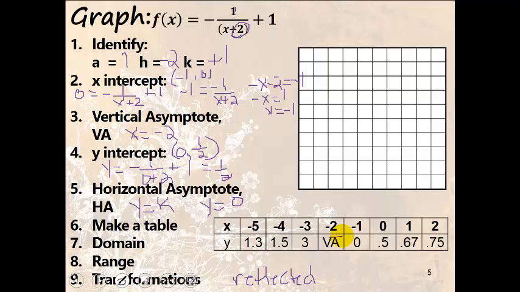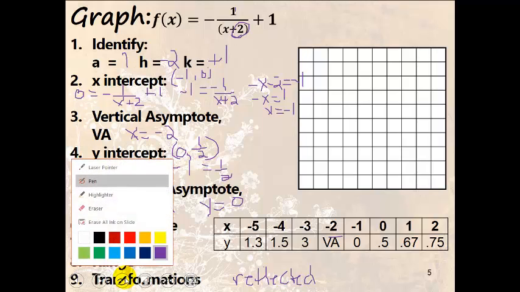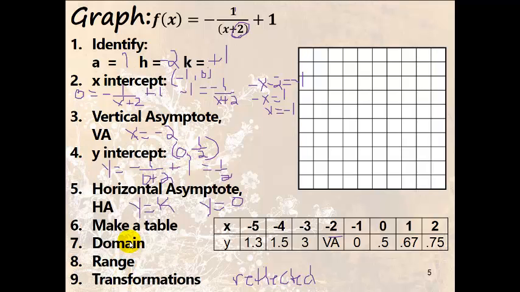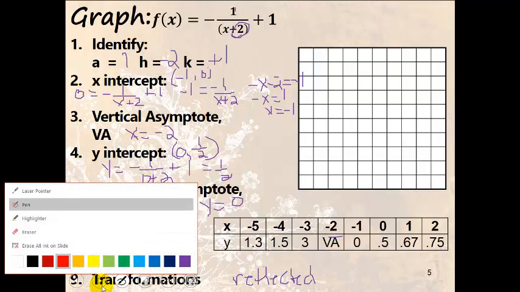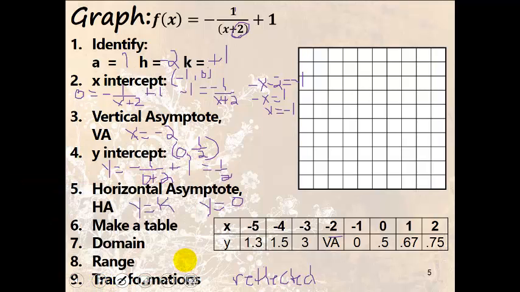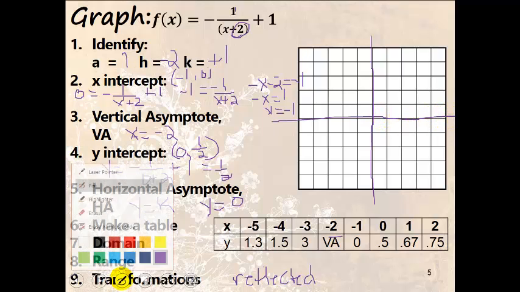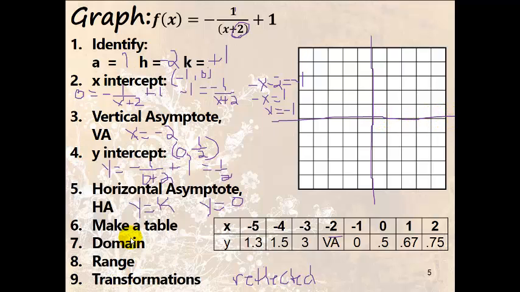Make a chart. Okay, so now I'm going to put my asymptotes in red. Let me put my axes in first here, sorry. Purple. So here's this one and this one. And then my asymptote is x equals negative 2.